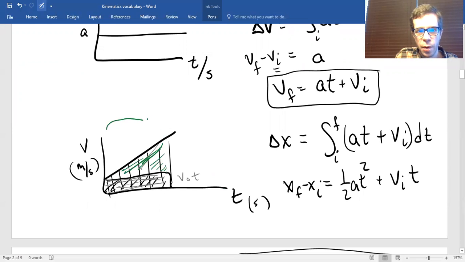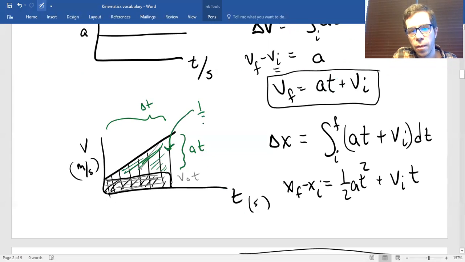All right, well, if we look at this, this is delta t. If we look at this, this is our change in v, which by our equation above is a times t. And we know that the area of a triangle is 1/2 base times height. And we've got our base of t and our height of at. So 1/2 at squared for our area here. And that's our terms here.